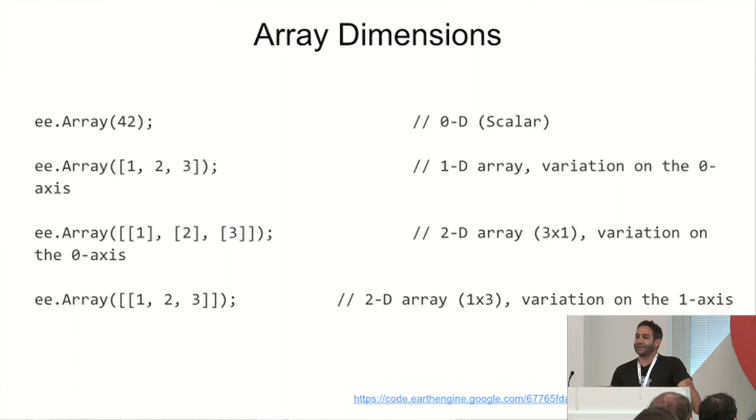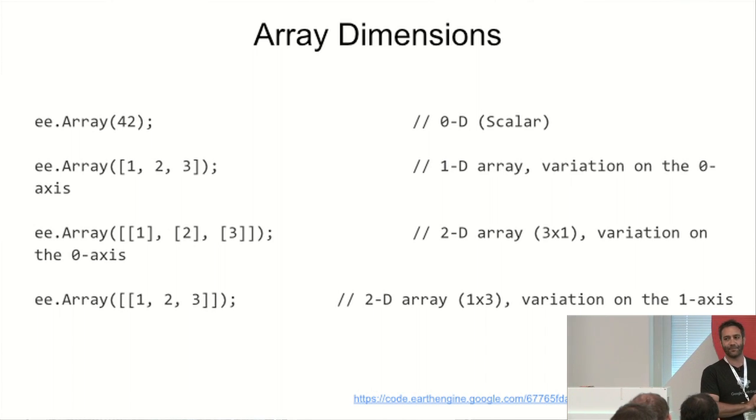Now we have a list of lists. And what we have in this case is a two-dimensional array, specifically a 3x1 array, still with variation along the 0 axis. On the other hand, if we put all those numbers into an inner list, we have still a two-dimensional array, but this time it's 1x3. So the variation is occurring within 1 degree of nesting here, and so you have variation on the 1 axis.